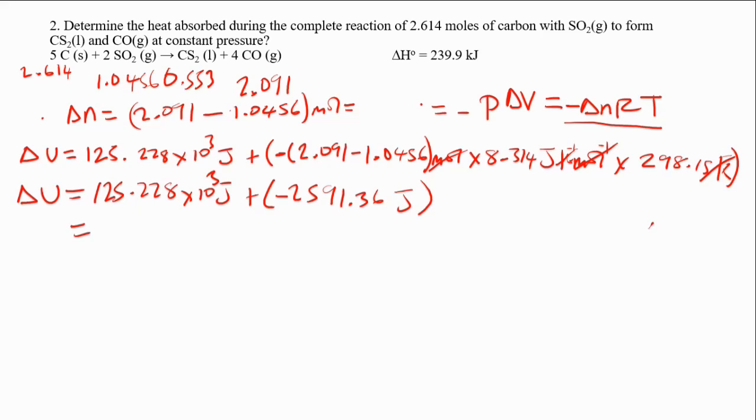Okay, let's get the final value now. Make sure we plug everything into our calculator correctly. 125.228 times 10 to the 3, plus the bracket minus 2591.36. All right, so this is what I have.